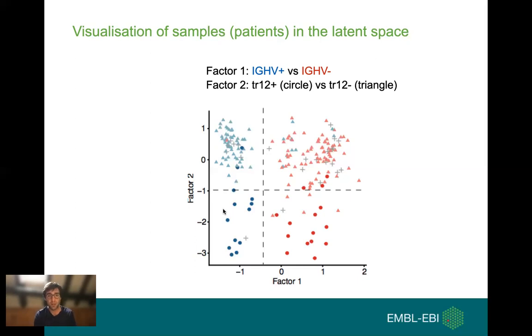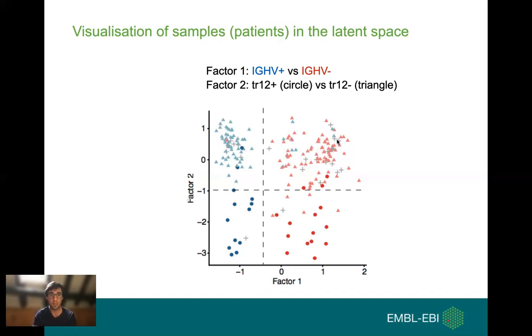There is something also very interesting that I'd like to highlight from this plot, which is that there are a lot of crosses in here, right? So these are patients for which we did not have somatic mutation data. That means that the clinician didn't know whether this patient was IgHV positive or IgHV negative. But now MOFA, by pulling information across all the different data modalities, is able to map those patients into that latent space.